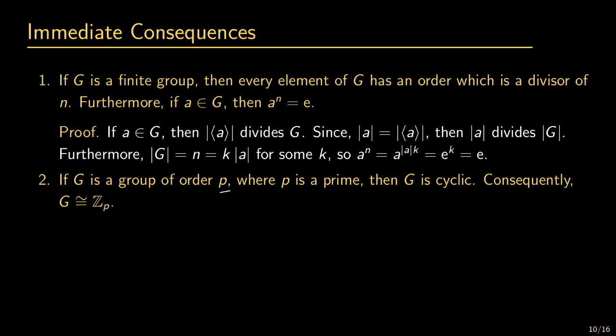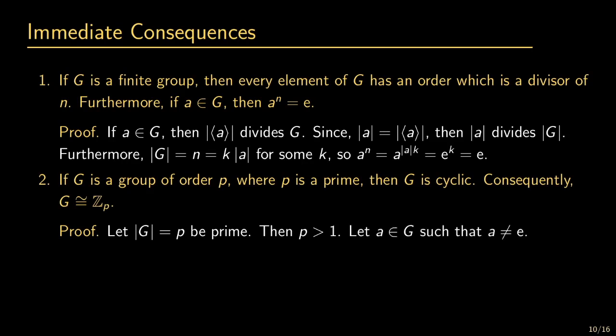In fact, lahat ng cyclic group of order P isomorphic lang sa Z sub P. That's what I'm saying. Why is that? Kasi kapag si G ay may order P, tas yung P ay prime, syempre, ang P greater than 1. May at least 2 elements ka. Kumuha ka ngayon ng kahit na ano na hindi identity kasi nga meron kang at least 2 elements. Let's say A.